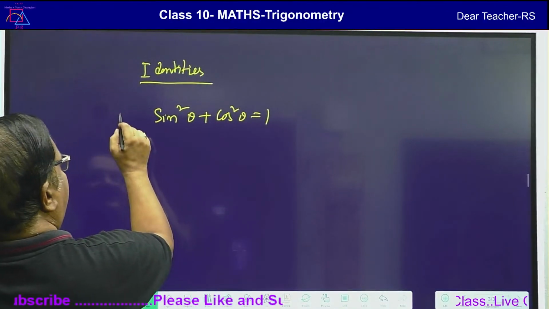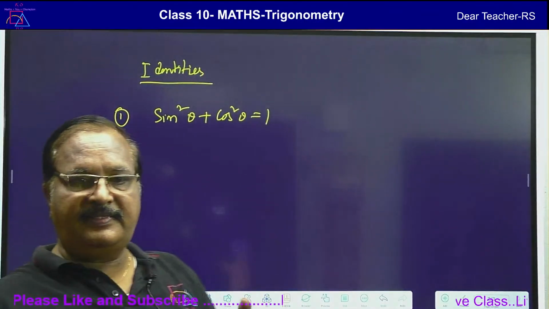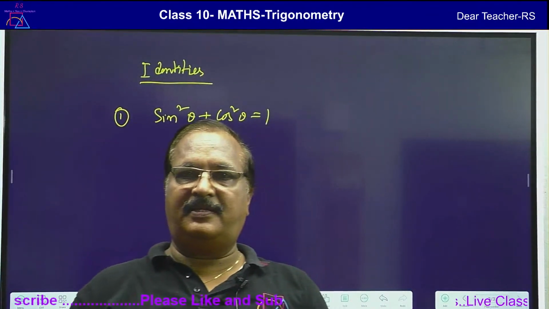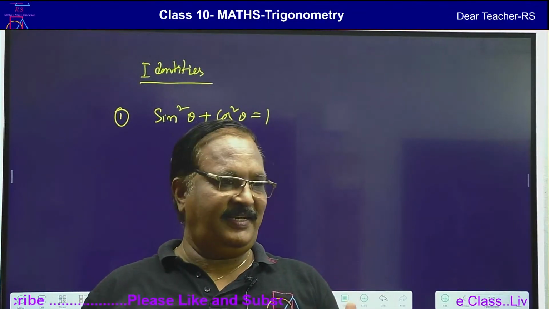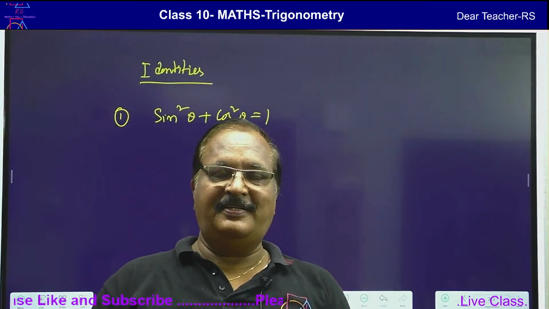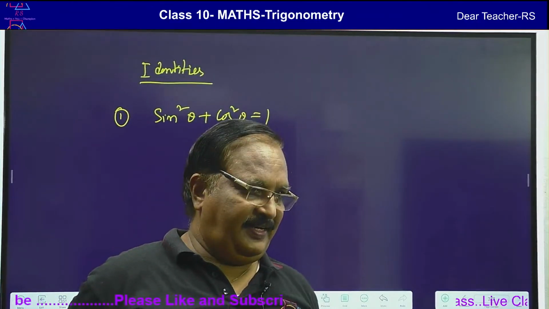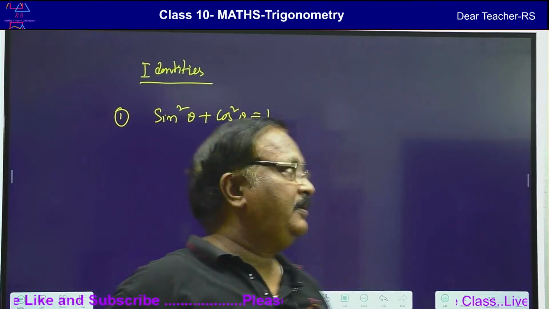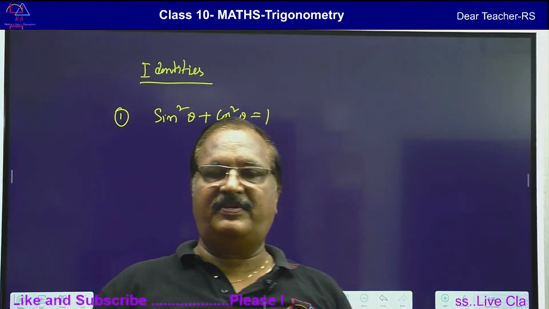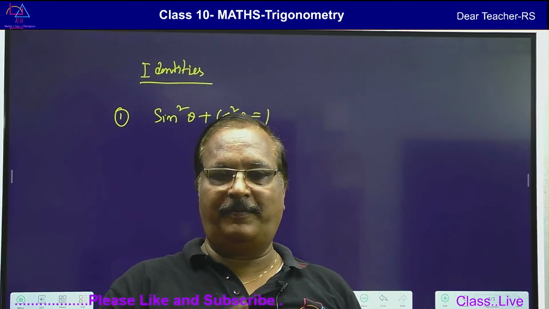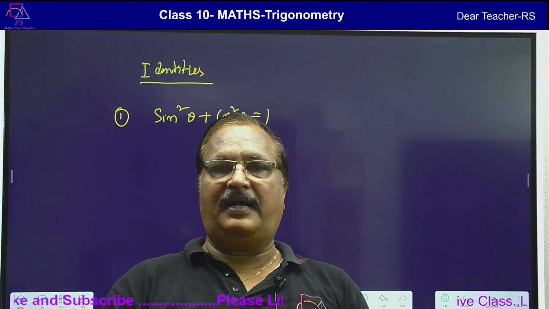It is the relation between sin and cos. We have the relation between sin and cosecant, reciprocals to each other, but sin and cos we don't have any relation. So this is the relation between the sin and cos. Sin square theta plus cos square theta is equal to 1. This is the first identity.